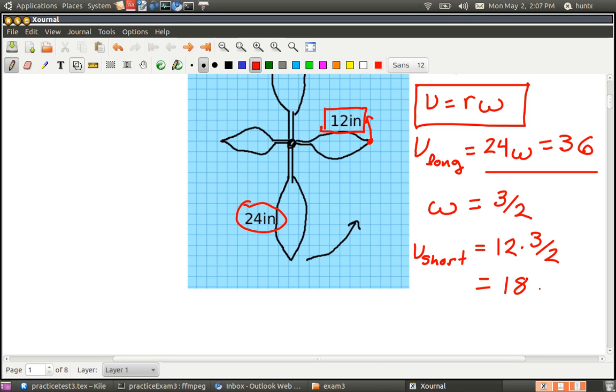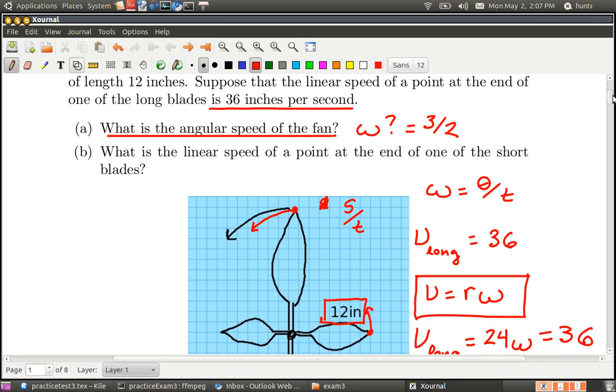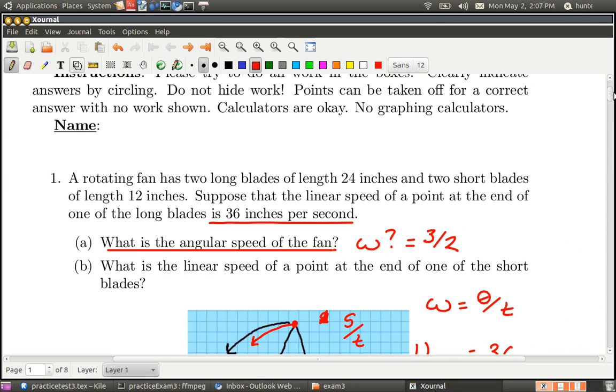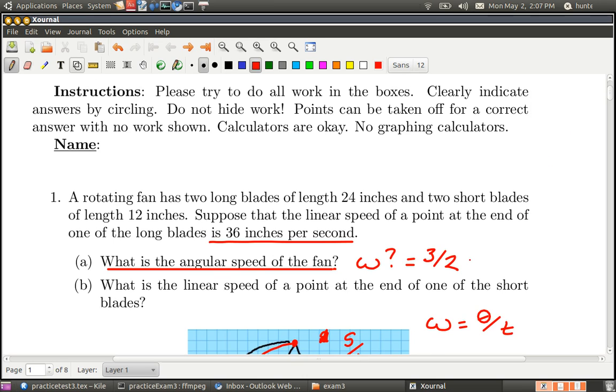And this would be in inches per second. And by the way, omega would be in radians per second, right? Not that we really care so much about the units. And that is the end of this question.